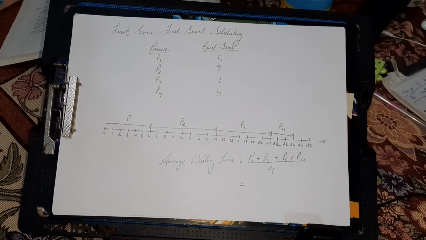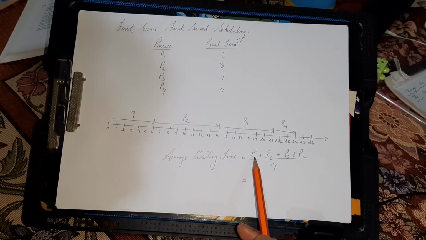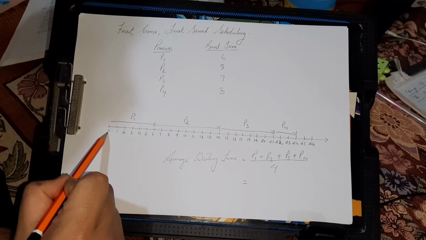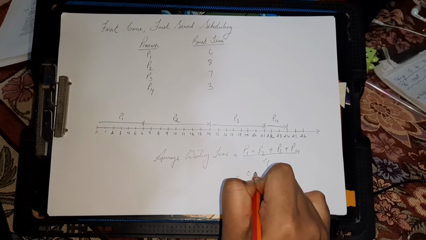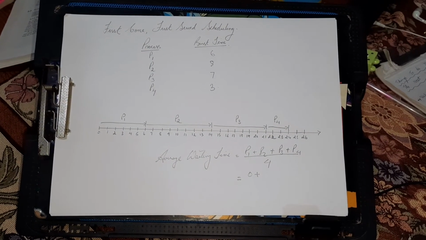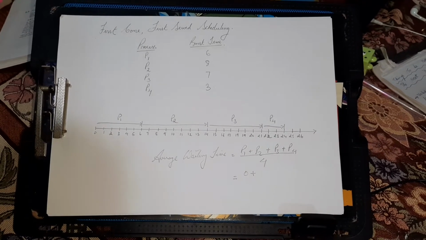Let's check here. P1, how long did P1 have to wait before it got the CPU? In this case, P1 started from 0, meaning P1 did not have to wait at all for it to get execution on the CPU.